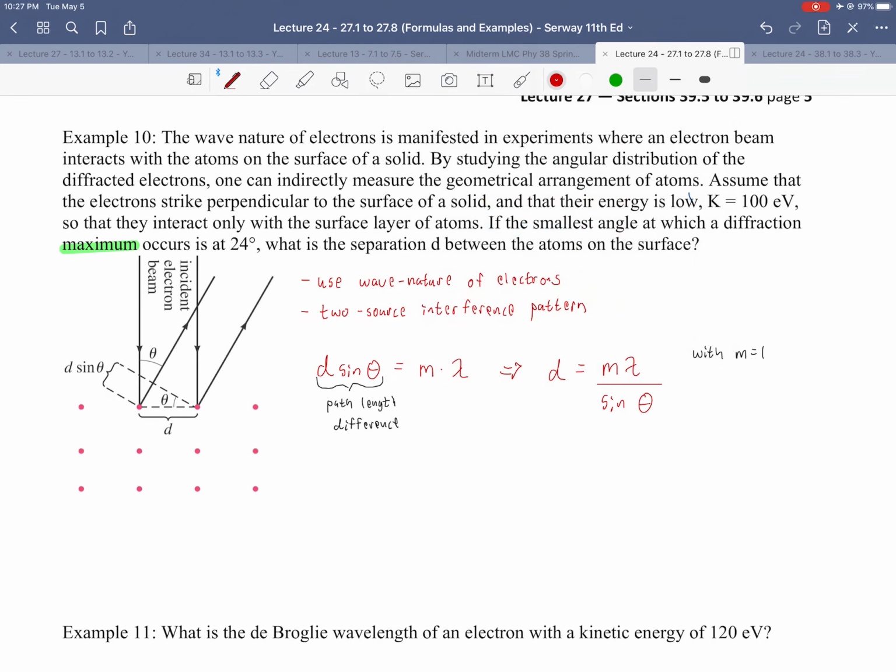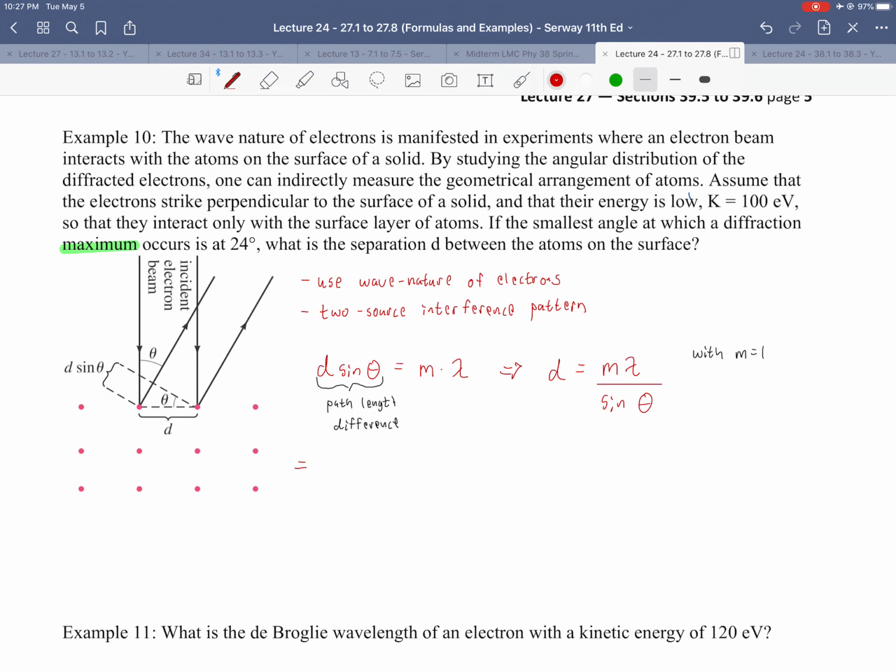That will give us the baseline spacing. Then we want to find our wavelength. We weren't given the wavelength, we were given the kinetic energy. From the kinetic energy we can find the velocity, from the velocity the momentum, and from the momentum the wavelength, although we can skip the middle step.